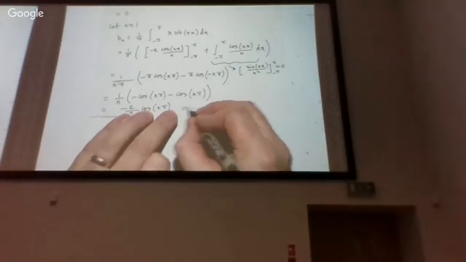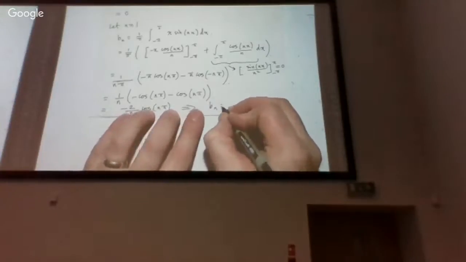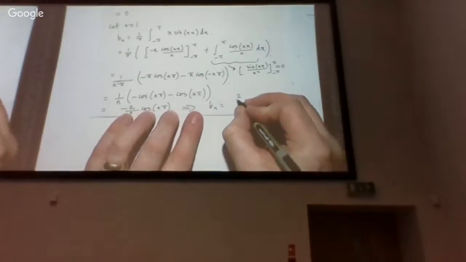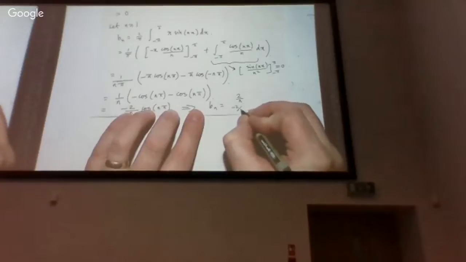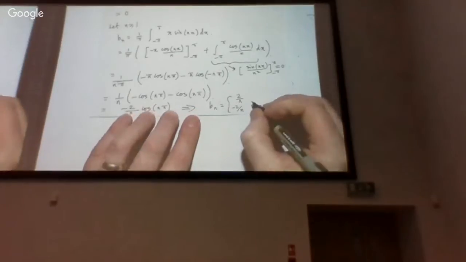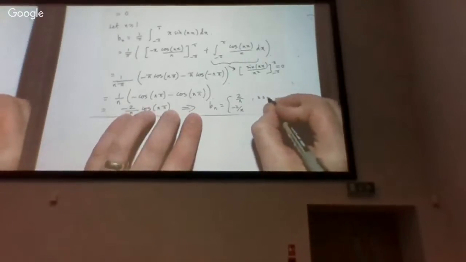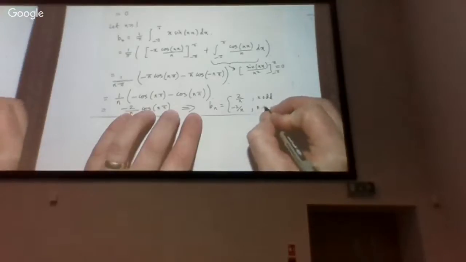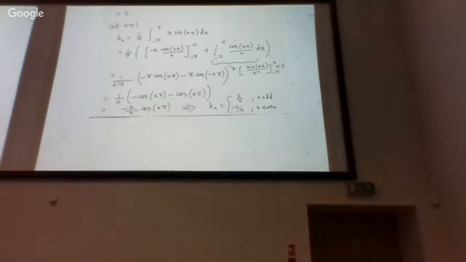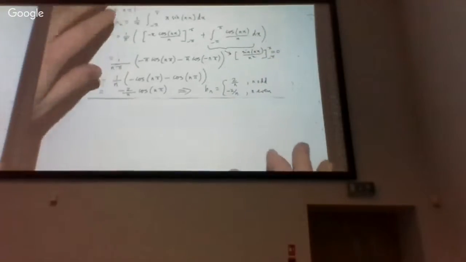So what we get is that bn is either 2 over n or minus 2 over n. It's 2 over n when n is odd, and minus 2 over n when n is even. Does that make sense?